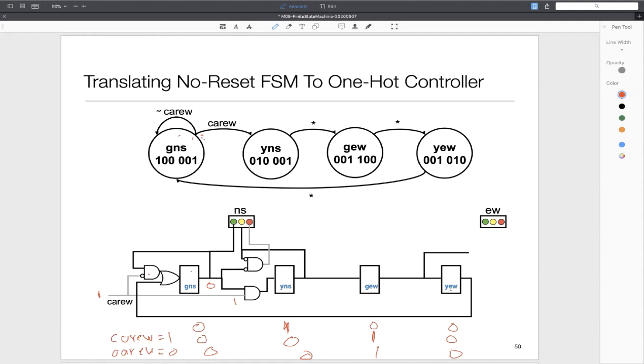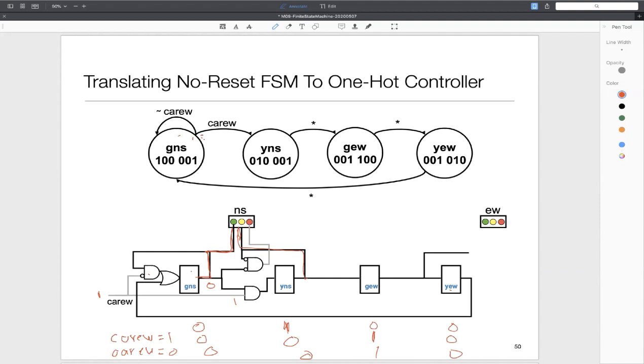And north-south is red when we are not in GNS and not in YNS. So that's exactly what is happening out here. GNS feeds to controlling the green light. YNS feeds to control the yellow light. And then the red basically says it's neither, not yellow and not green, so therefore red.